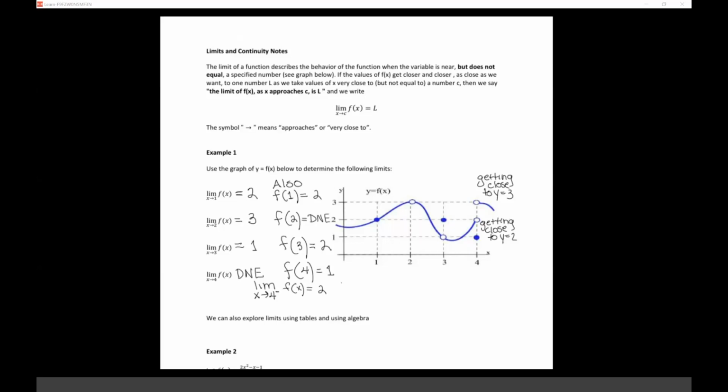And then you'd say the limit as x approaches 4 from the right side, which is the positive side of the x-axis, of f of x equals 3. So this is from the left, and this is from the right.